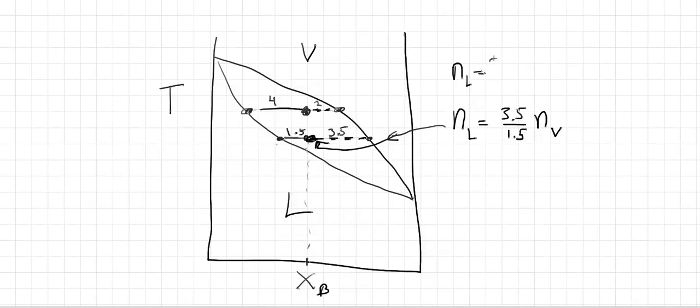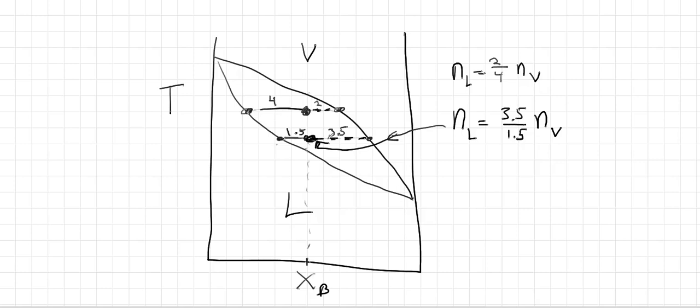So we've got 2 to 4 times the number of moles of vapor. So in other words, we have half as much liquid as we have vapor up here. So we went from having just over twice as much liquid, to now having half as much liquid as vapor. And so as we keep going up, the amount of liquid gets smaller and smaller, and right here, the last little bit of liquid disappears, and now we have pure vapor.